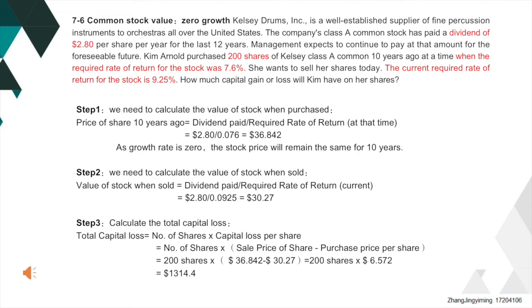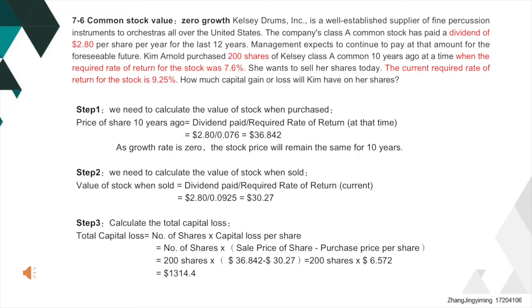The next step is to calculate the value of the stock when sold. The value of the stock when sold is equal to the dividend paid divided by the current required rate of return. So it's equal to $2.8 divided by 0.0925, which is $13.27. For the last step, we can calculate the total capital loss.